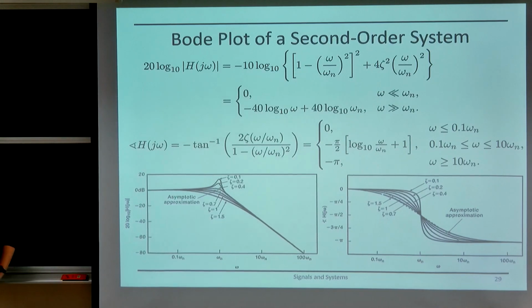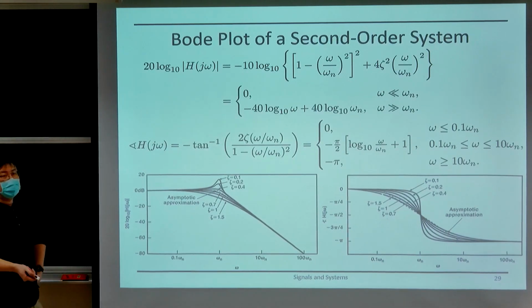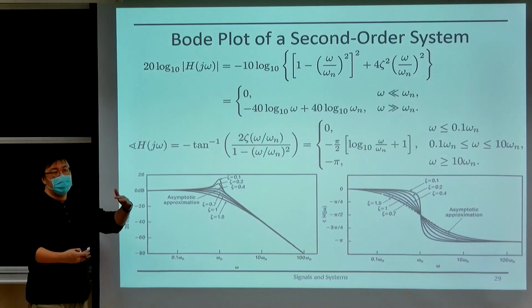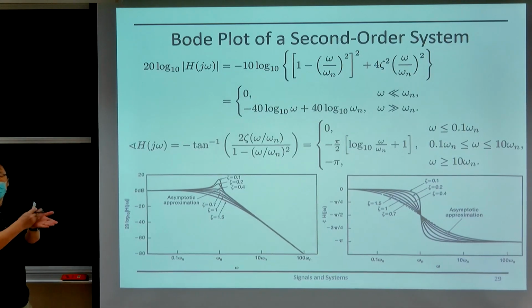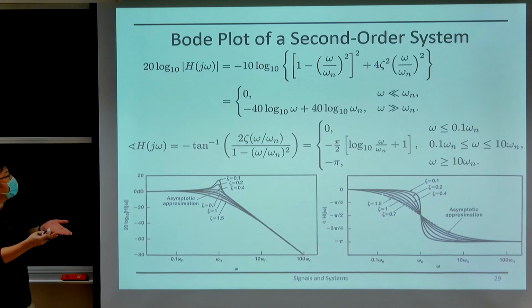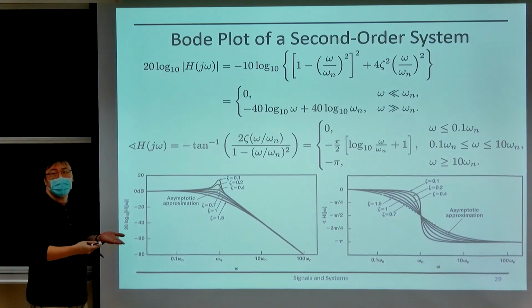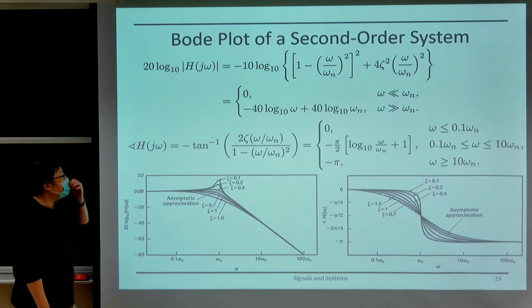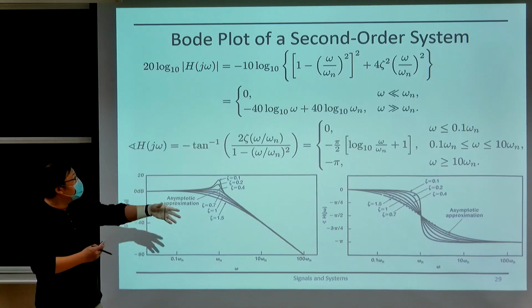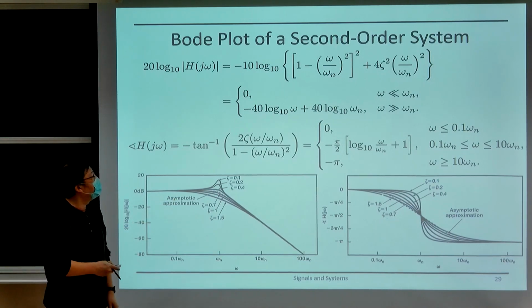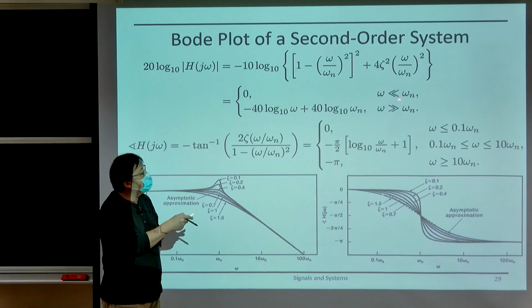Now, similar to the first order system, we want to be able to approximately observe the behavior without actually calculating the specific values at every frequency. So again, we look at the case where omega is very small and when omega is very large, comparing with this omega n here.